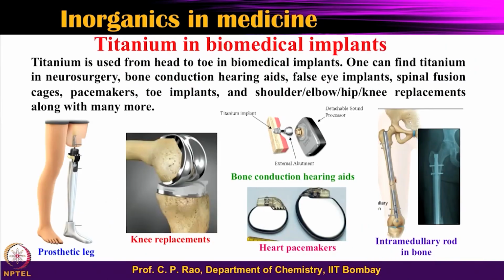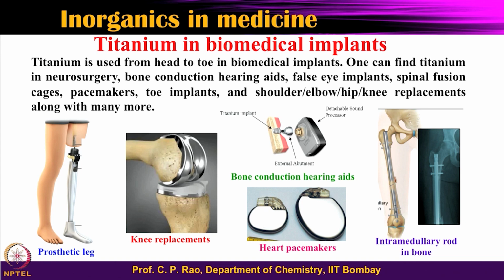Now, let us look at some kind of implant kind of things. See, for example, everyone I am sure knows that titanium is used as implants everywhere in the body, from toe to head, everywhere. So, this is used for the bones, we know very well. It is also used for the hearing aids. It is used in the eye implants.